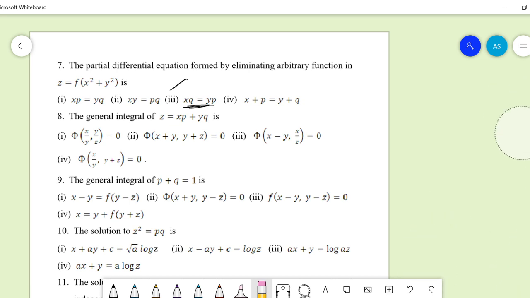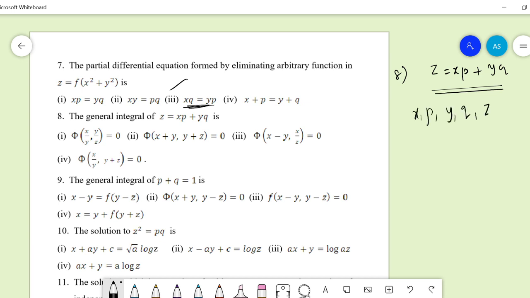The next question, question number 8. The general integral of z equals xp plus yq. Which method do we have to use for solving this PDE? We have classified the first order partial differential equation as per the arrangement of x, p, y, q and z.